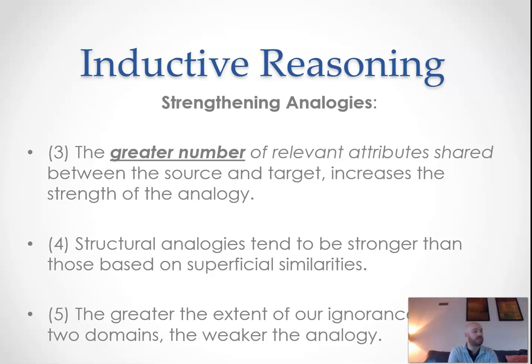The next principle here is that structural analogies tend to be stronger than superficial analogies. The idea here is that the underlying structure of things is what gives things their appearance. Think of a phenotype-genotype distinction: someone's eye color, that phenotype, say green, would be coded for in their genotype, right?